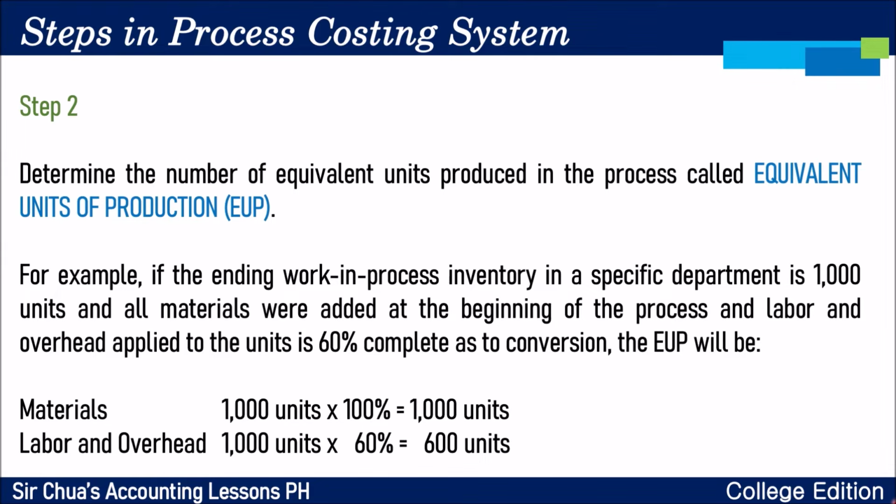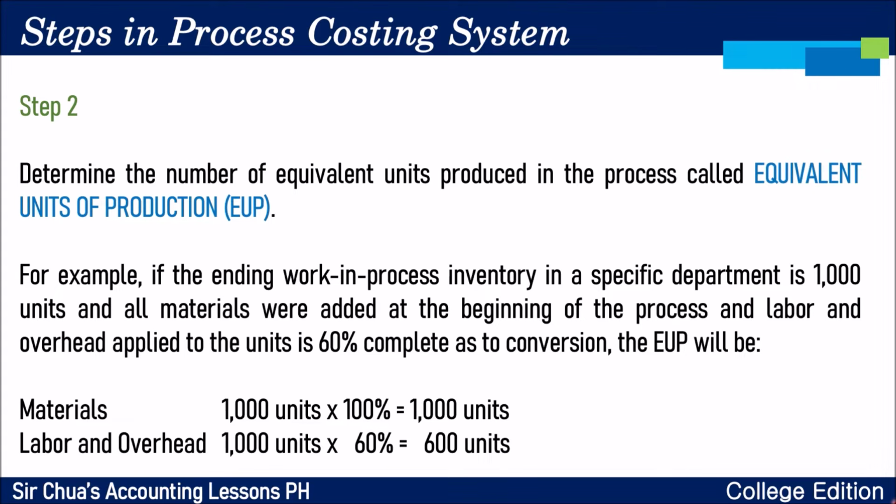Now, the whole units that you are actually doing na hindi pa tapos is totoo naman, physically 1,000. But in process costing system, titignan natin ilang percent na ba talaga siyang tapos. Yun po ang equivalent units niya. Okay? Pero, magkaiba po ang equivalent units of production sa process costing system sa talagang physical units.